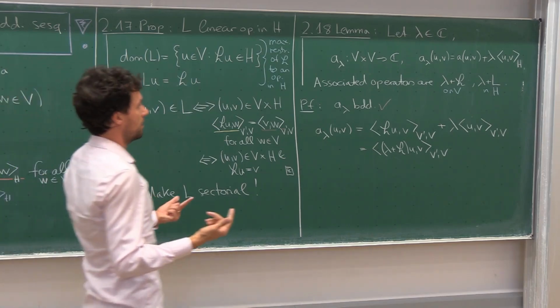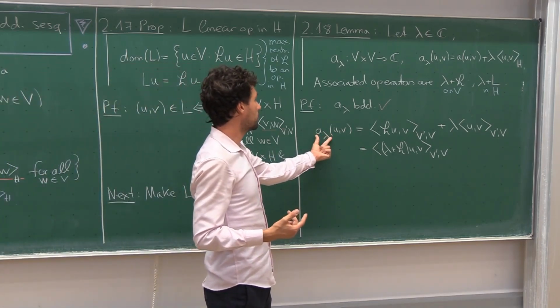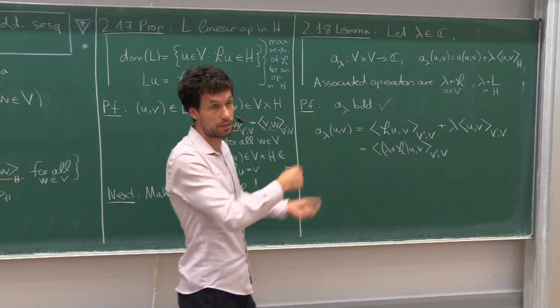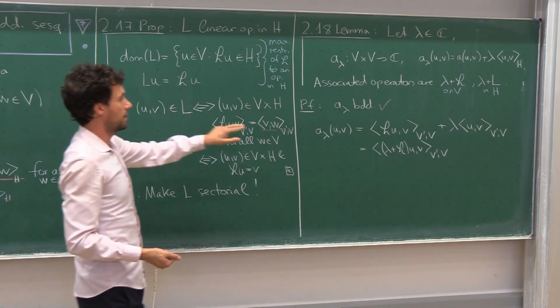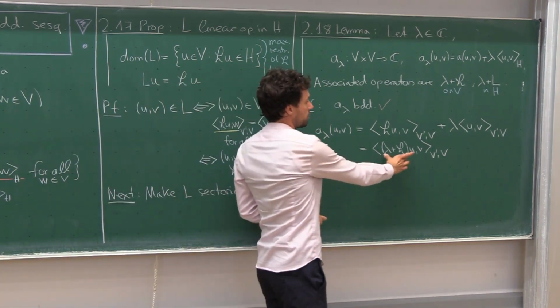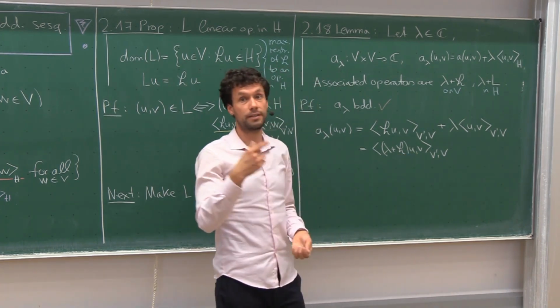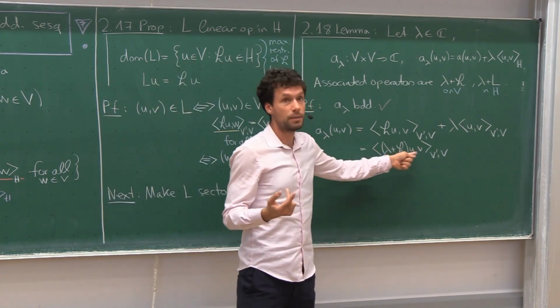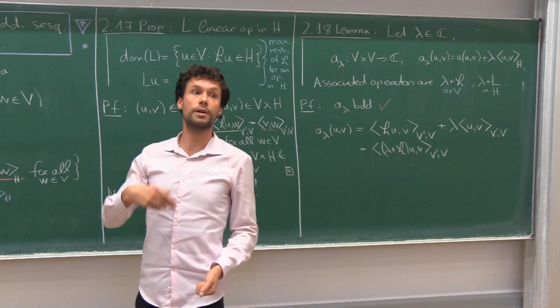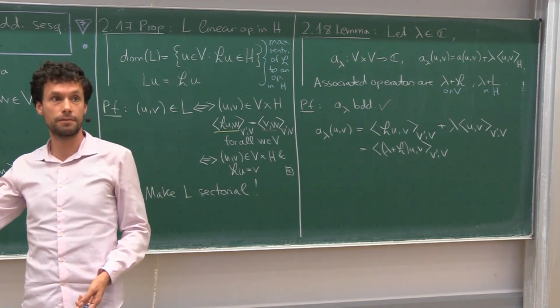What's the operator that I'm going to associate with this sesquilinear form in H? Well, the proposition over here tells me that I have to take the maximal restriction of this guy to an operator in H. But here, a multiple of the identity always maps V into itself.